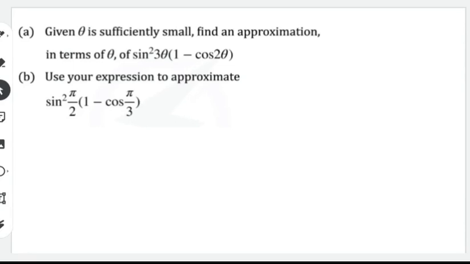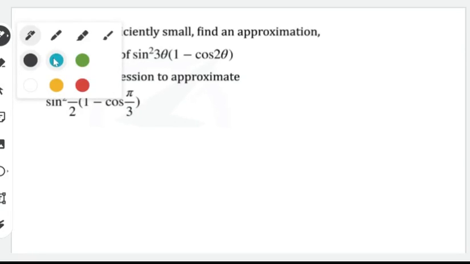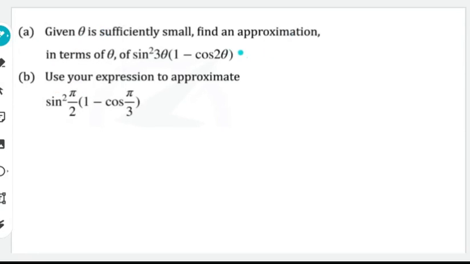Let's see. So sine squared theta is 3 theta squared, or 3 theta times 3 theta.